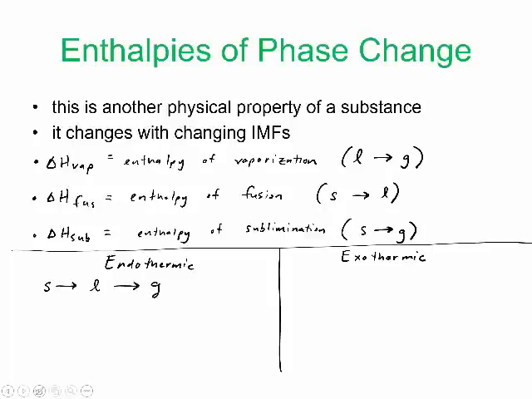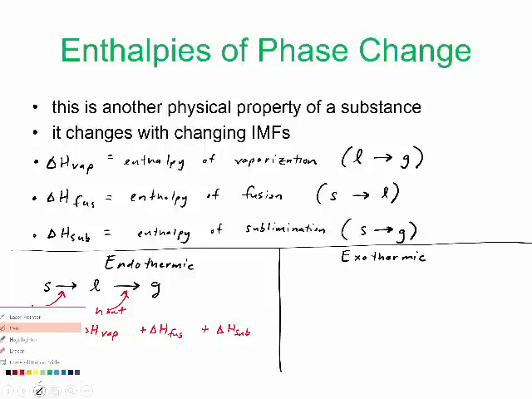All these processes require heat, so heat needs to go into the system for these to happen. You should have positive values for delta H vap, delta H fusion, and delta H sublimation.